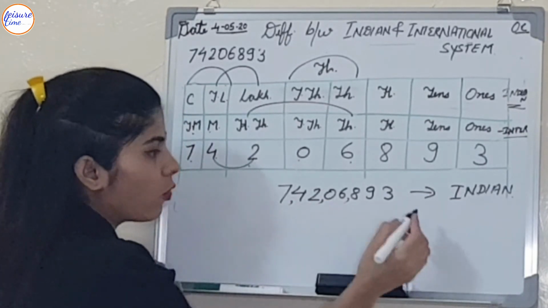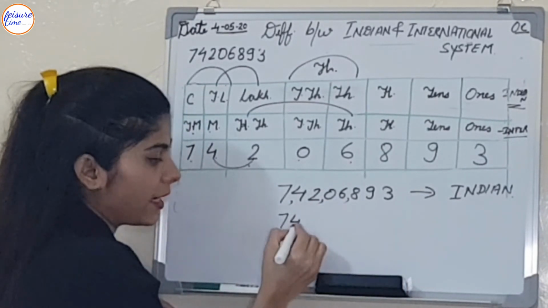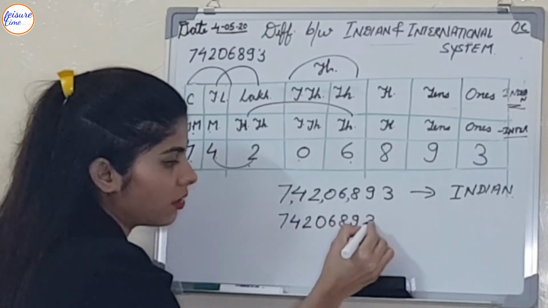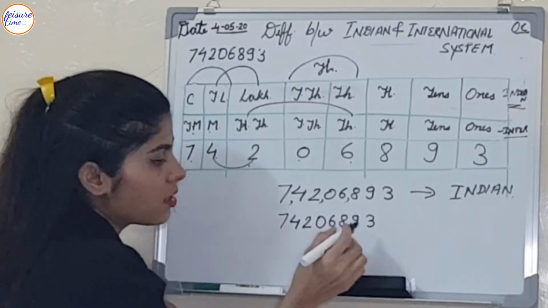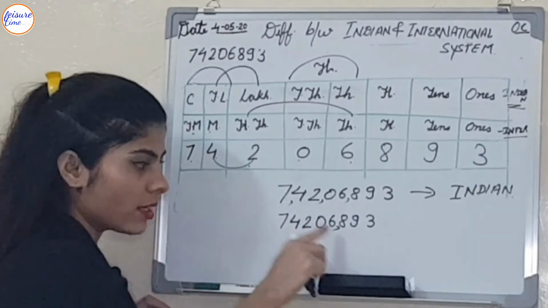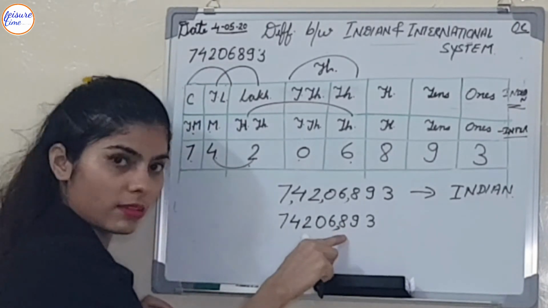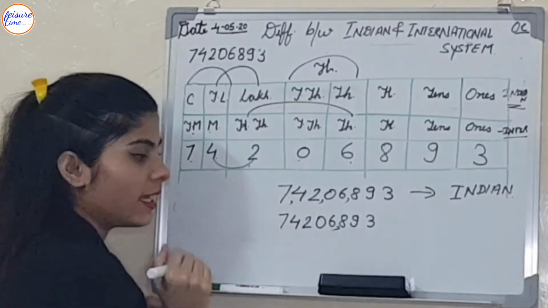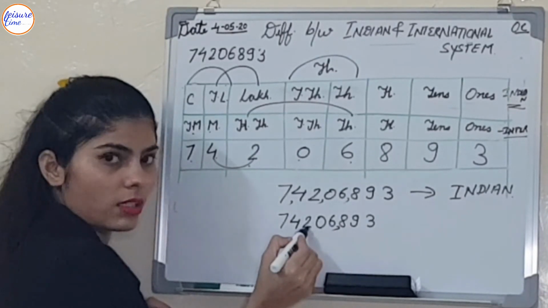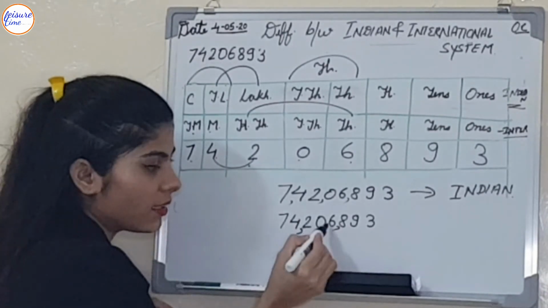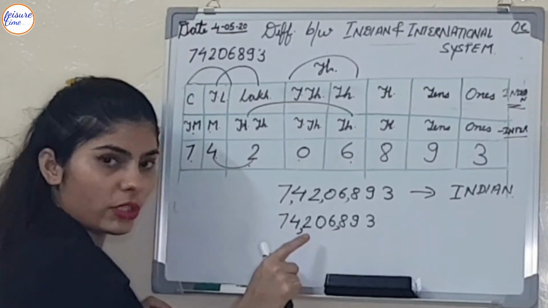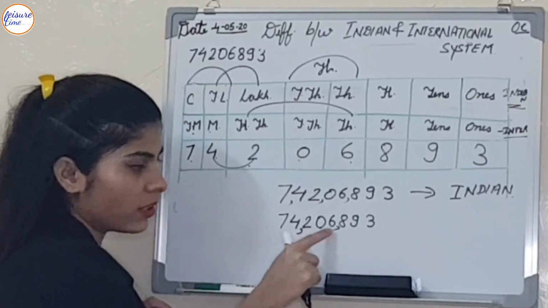Now for the international system, again I am going to write the same digits here. Ones, tens, 100, then comma. The first time we place a comma after 3 digits, then again ones, tens, 100, 1000, 10,000, 100,000. These 3 digits are in the same group, 1000. That's why we put the comma after 3 digits.